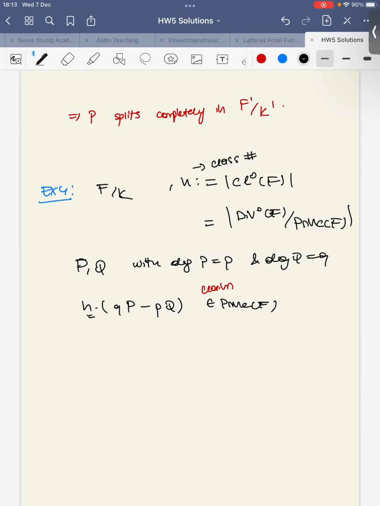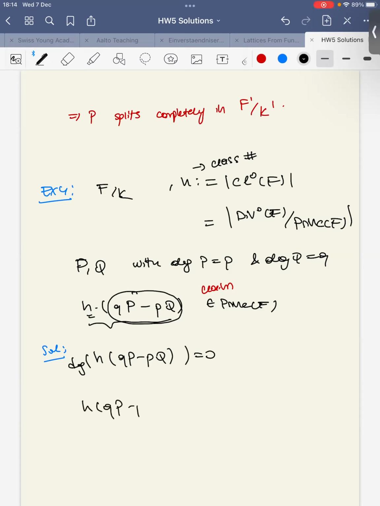Indeed, we can solve this question by using only facts from group theory, because the first thing we can observe, if this denotes the h summand of the divisor Q P minus P Q, is that this is a degree 0 divisor. So this is an element in the degree 0 divisor group.